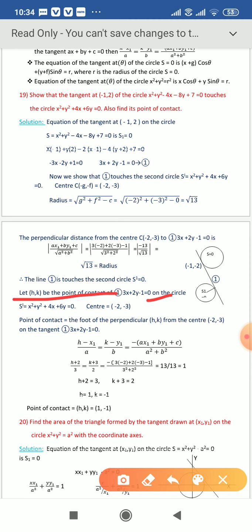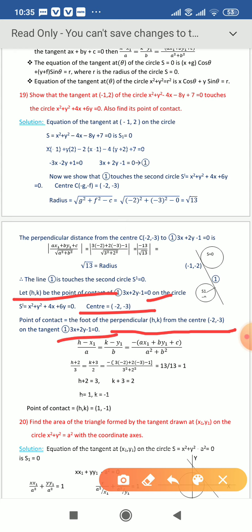So this point of contact is the foot of the perpendicular drawn from the center on the line. What is the center of the second circle? (-2, -3). This is the center.